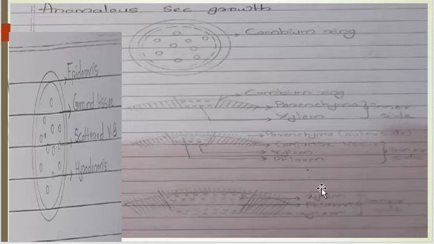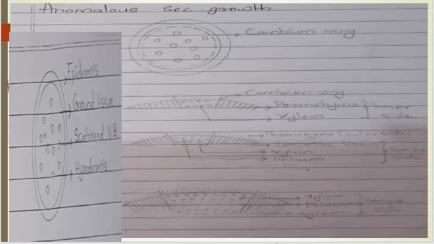After some time of growth, these parenchyma are present on the outer side, and at the inner side, xylem and phloem are differentiated. And the surrounding conjunctive tissues are developed.